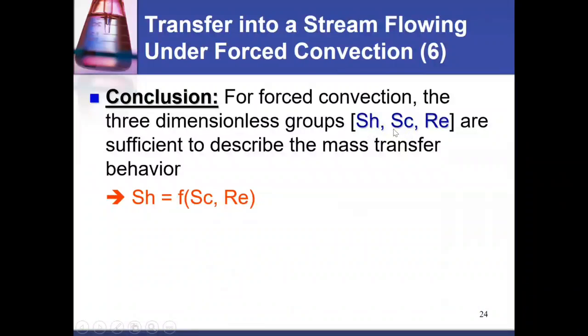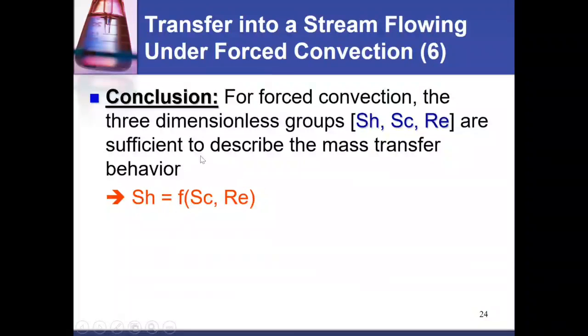Based on the analysis we did, we expect that these 3 numbers should be related when you talk about forced convection. So these 3 dimensionless groups are related. How related? We can say that Sherwood number, for example, is a function of these 2, Schmidt number and Reynolds number, or Reynolds number is a function of Schmidt number and Sherwood number, or the other way.